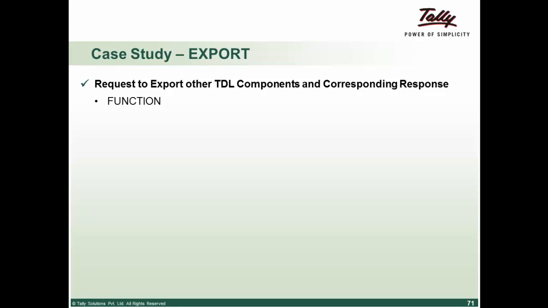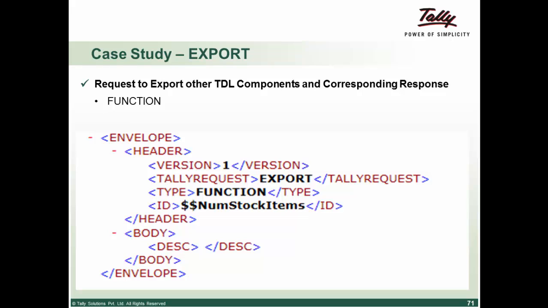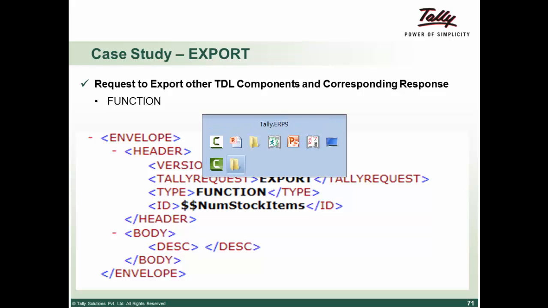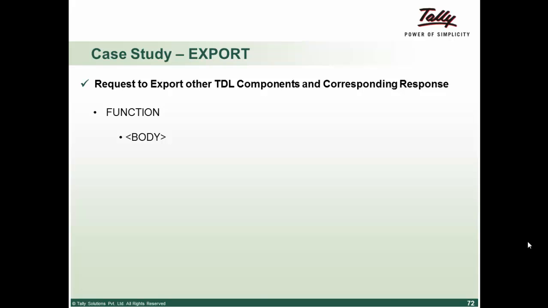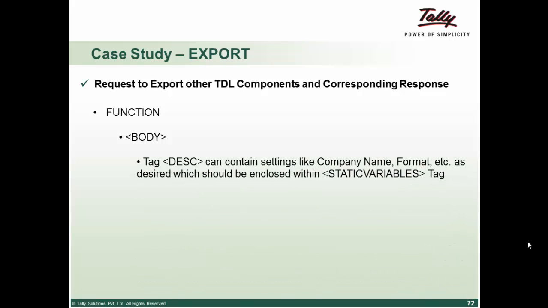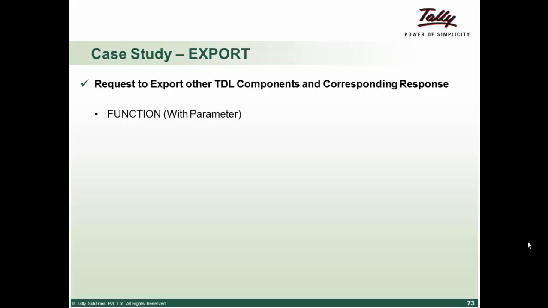Function tag, this is how it will look like. So when you provide the function name and you provide the ID, it will return the number of stock items within that company. And at the body tag, tag description can contain settings like company, format and other things where you want to just set a particular company name.